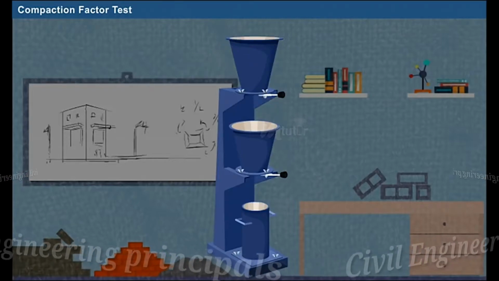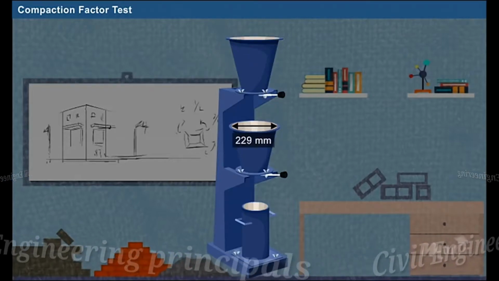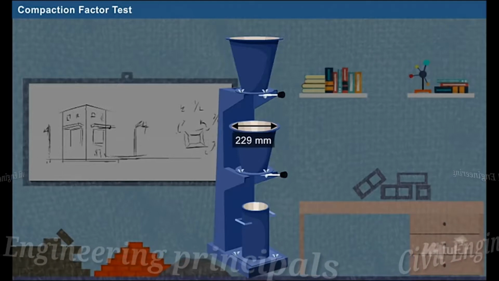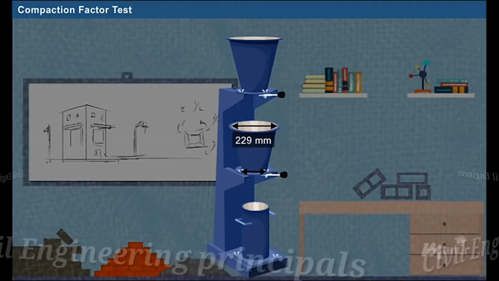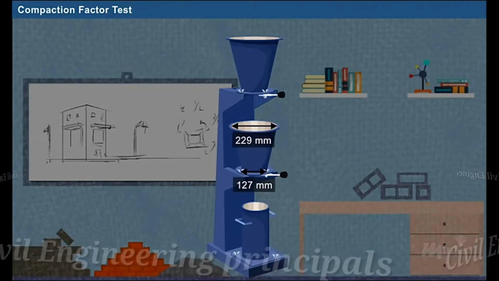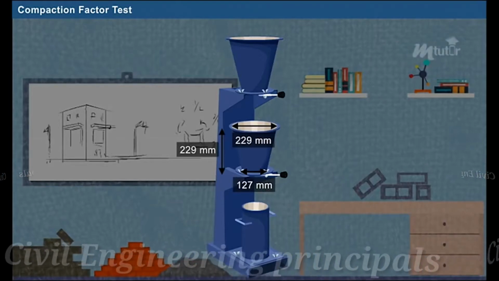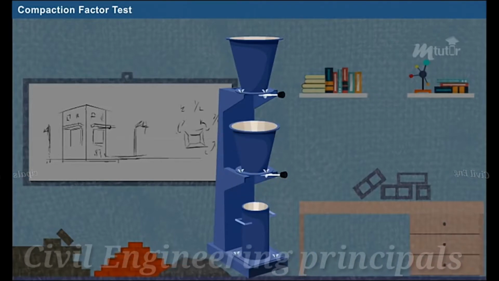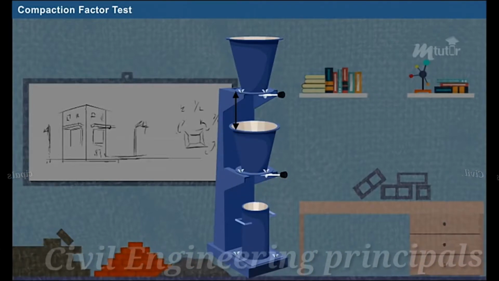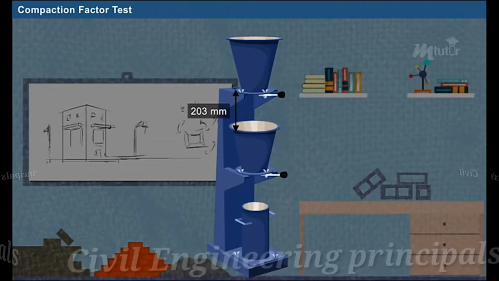The lower hopper's top internal diameter is 229 mm. Bottom internal diameter is 127 mm and internal height is 229 mm. The vertical distance between the two hoppers is 203 mm.